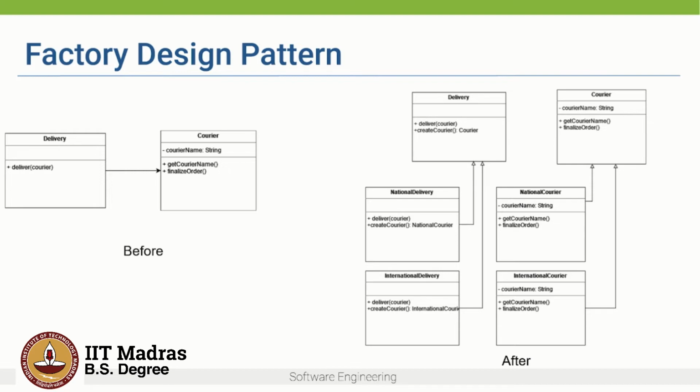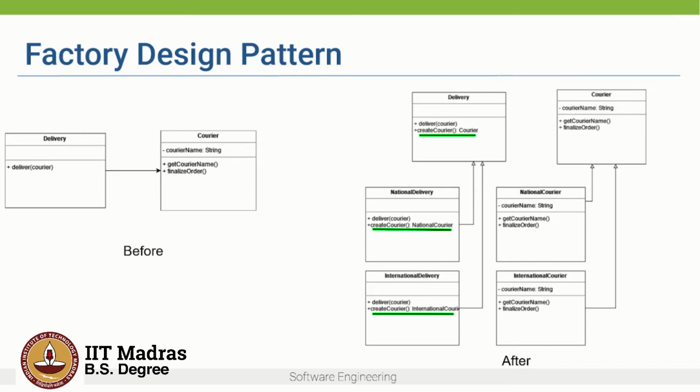And in addition, we will also create classes which extend the delivery class. One which corresponds to national delivery, another which corresponds to international delivery. And in this case, we have an additional method called create courier, which returns a courier object, right?